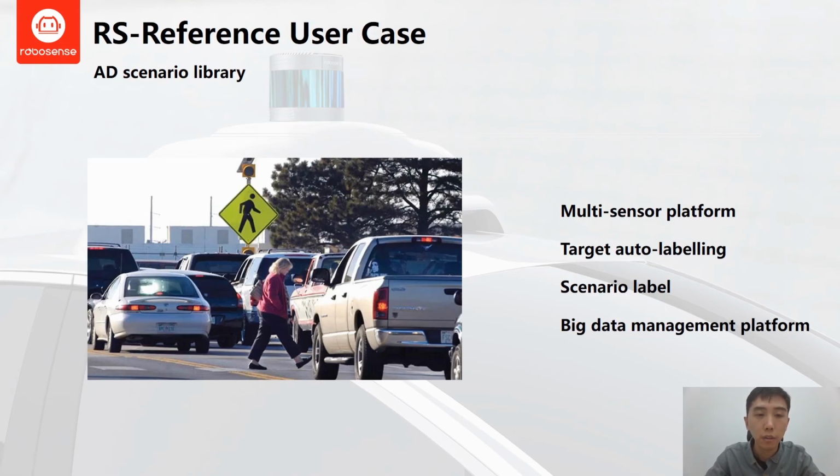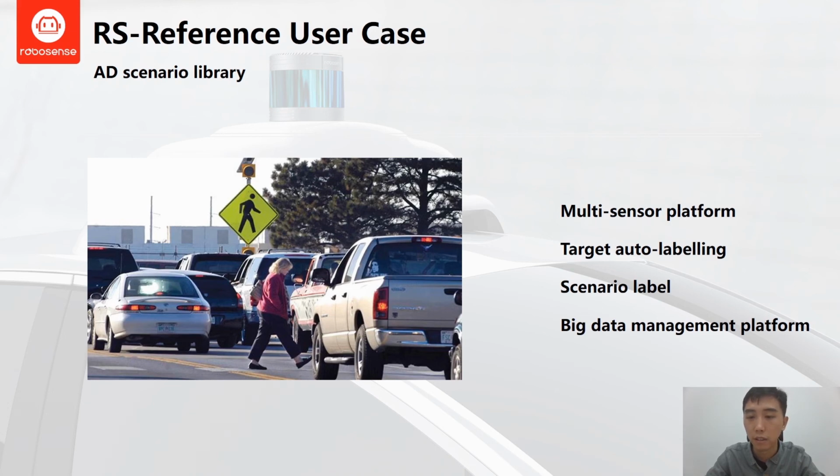And the next part is we can build our autonomous driving scenario library with this reference system. This system is a multi-sensor fusion platform, and it can do target auto labeling, and it has a semantic label function.